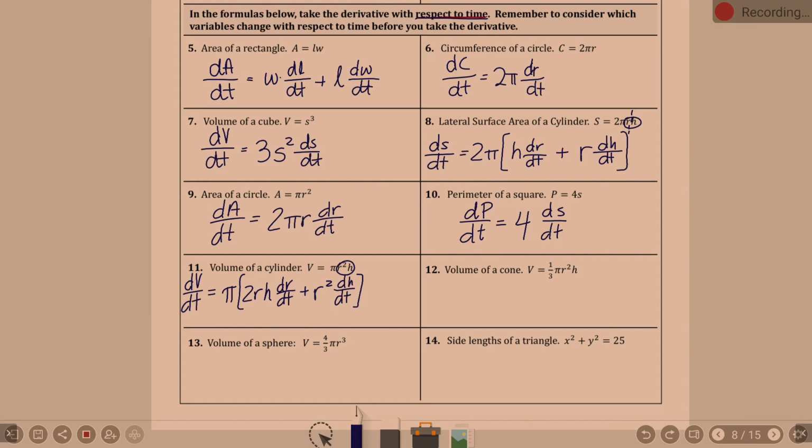In my notes, you could have it like that, or you could have the pi multiplied in, so a 2 pi rh here and a pi r squared here. That would be an option as well.